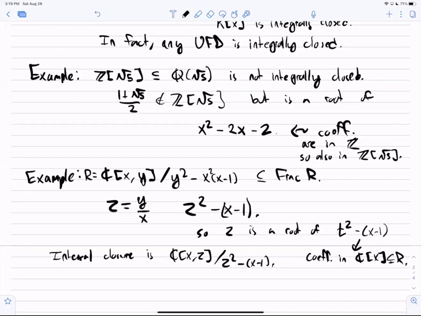My notation is not great, but here you treat Z as a variable, and you can think of it as a subring of this. That's a computation you can make by hand.